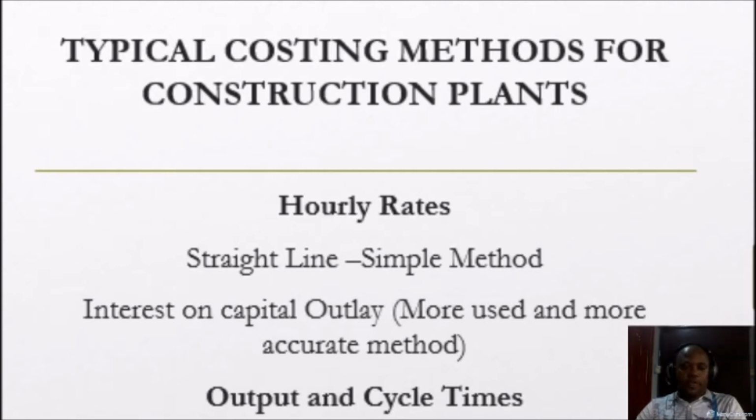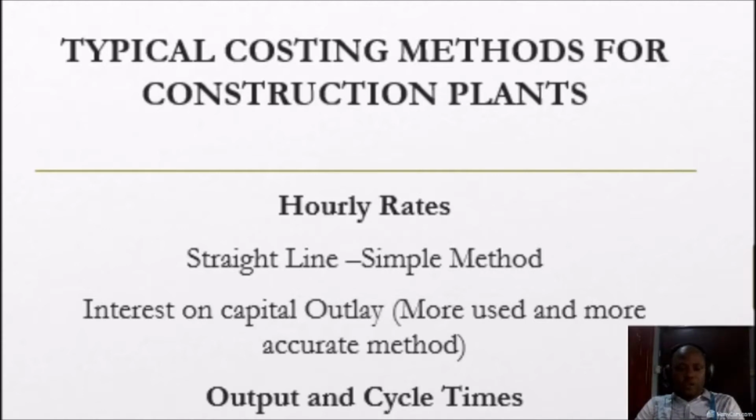Construction Technology. So today we're going to look at typical costing methods for construction plants. The first one is to be able to know how to calculate hourly rates. And to calculate hourly rates, we will use two methods.